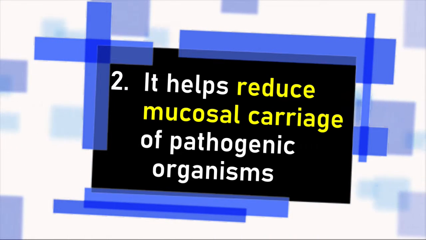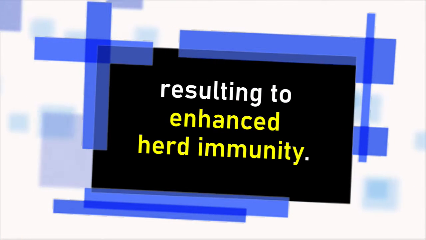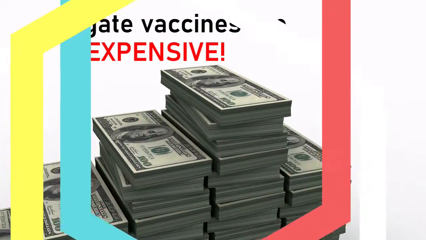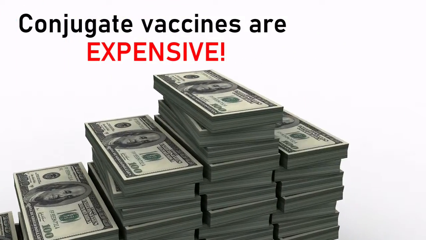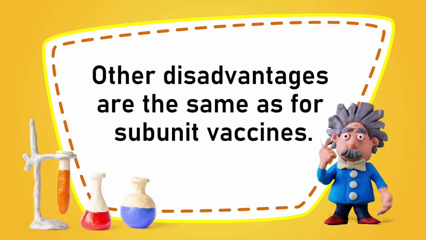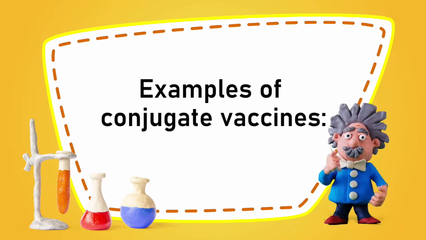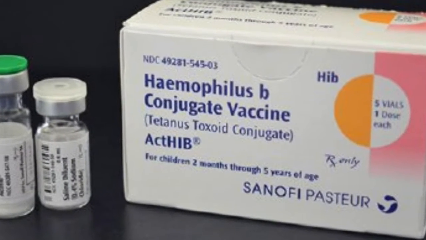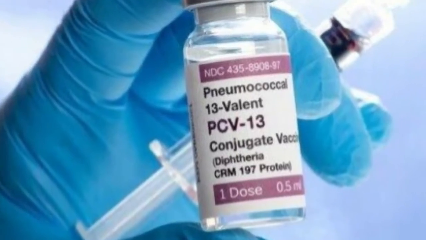Second, it helps reduce mucosal carriage of pathogenic organisms, resulting in enhanced herd immunity. Lastly, it offers long-term protection. However, conjugate vaccines are expensive. Other disadvantages are the same as for subunit vaccines. Examples of conjugate vaccine include Haemophilus influenzae conjugate vaccine and pneumococcal conjugate vaccine.